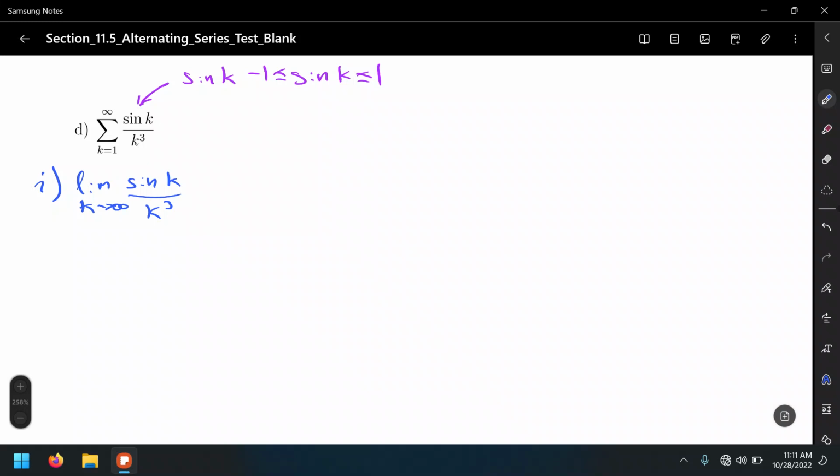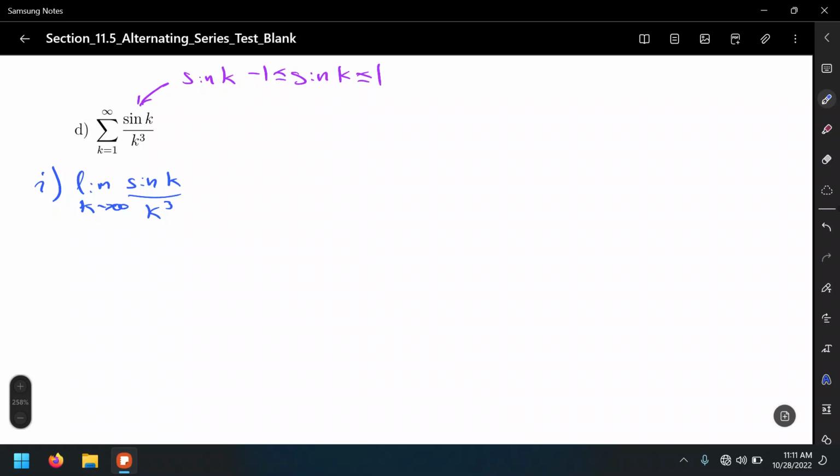Number one, just look at the behavior of the function for large values of k. It doesn't matter how big k is, the numerator will just vary between -1 and 1, and dividing any value between -1 and 1 by k cubed, which is a big number, infinity, for sure is going to be 0.